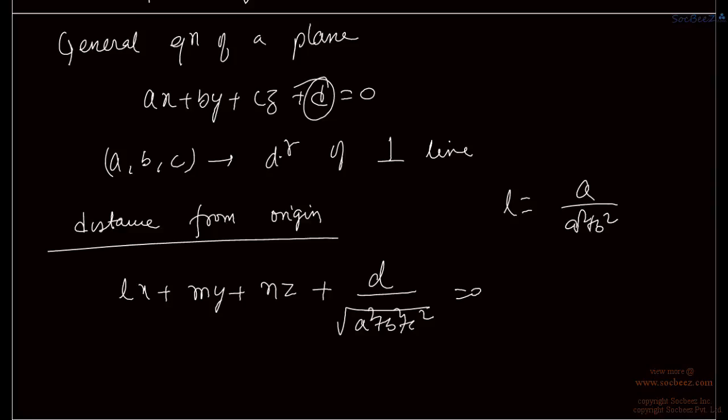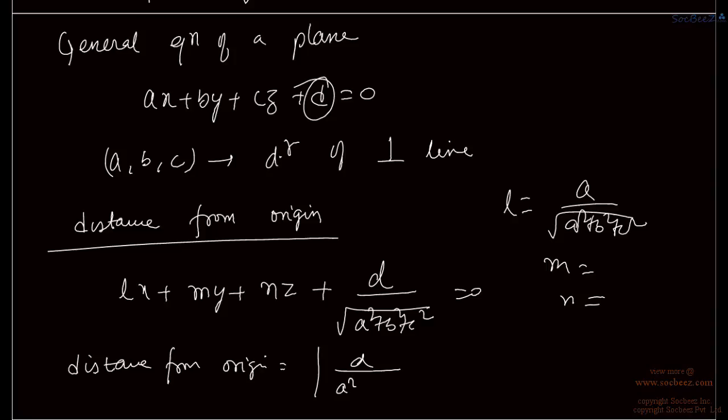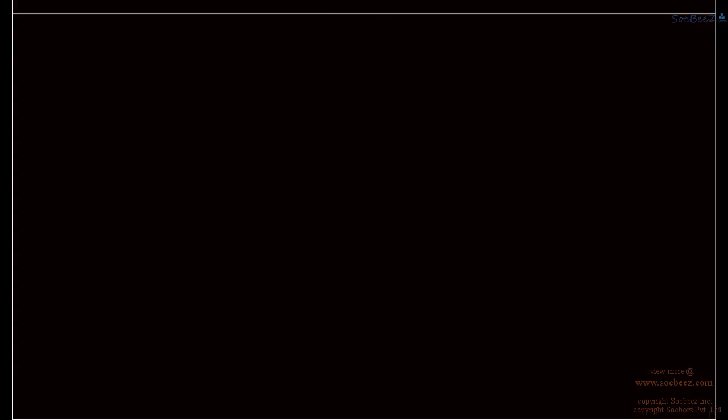Because l is nothing but a upon under root a square plus b square plus c square, and similarly m and n. So we have lx plus my plus nz is equal to minus of this quantity. So the distance from the origin can be written as mod of d upon under root a square plus b square plus c square, right?